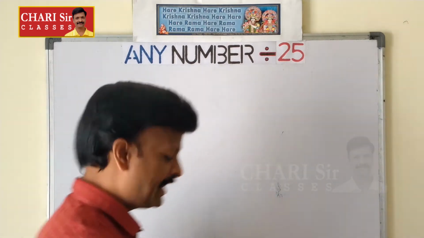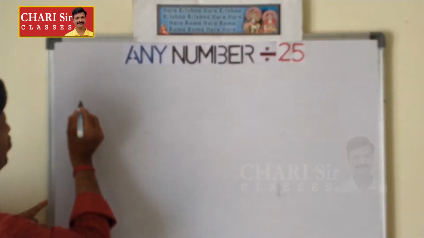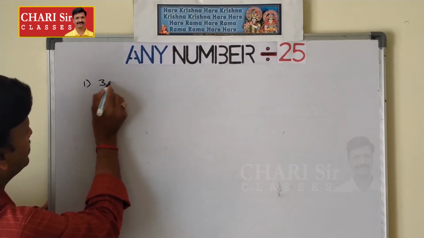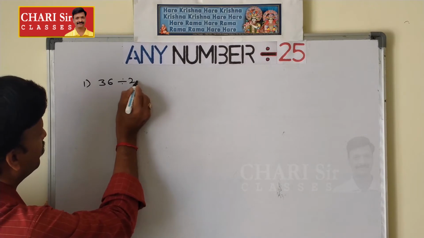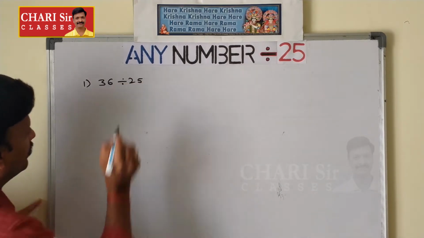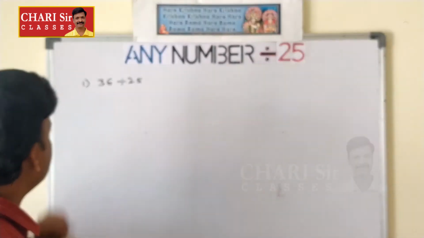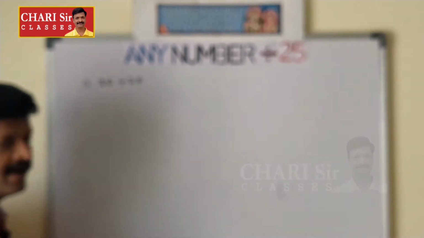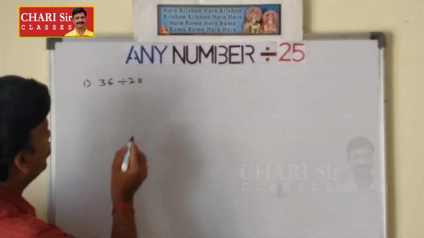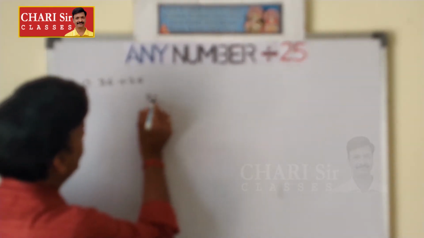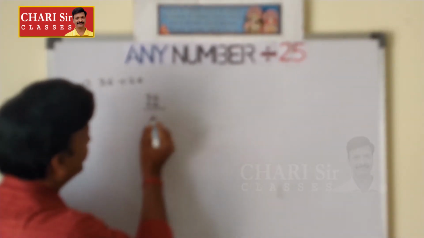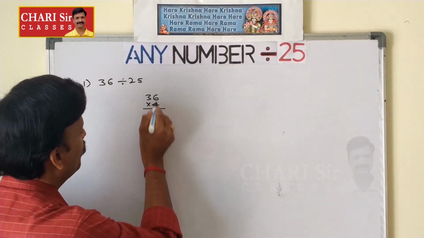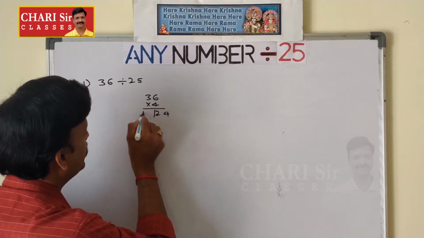First let's take one example here. Suppose you want to divide 36 by 25. Instead of dividing by 25, just take 36 and multiply it with 4. What do you get here? 4 6s are 24, 4 3s are 12.